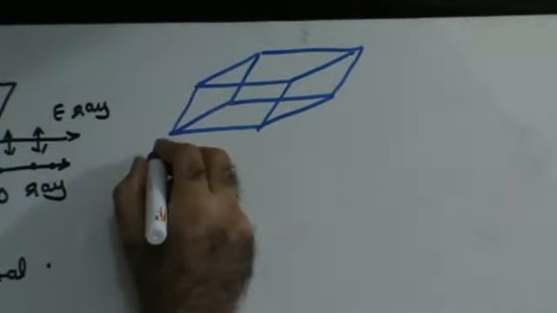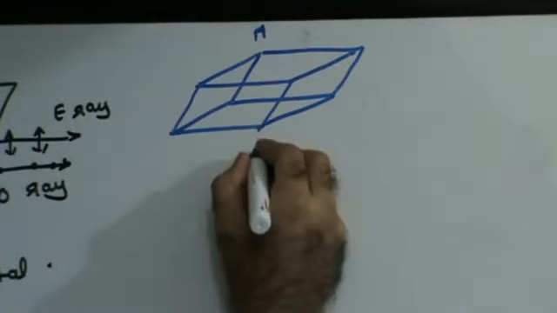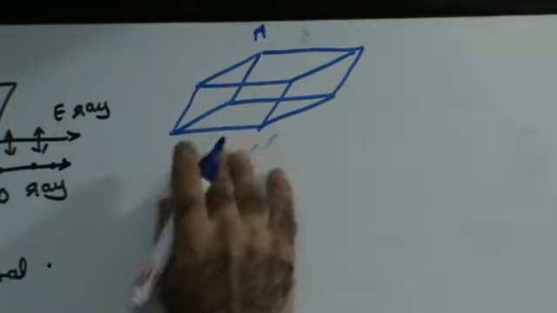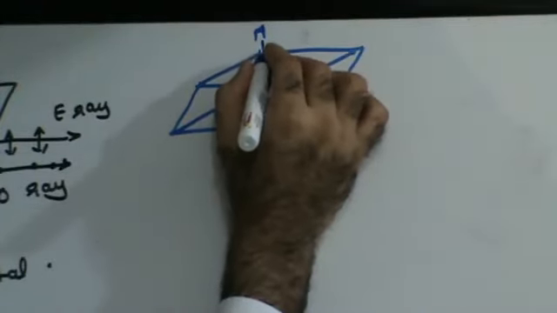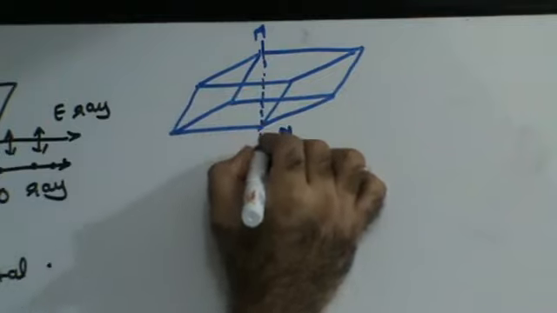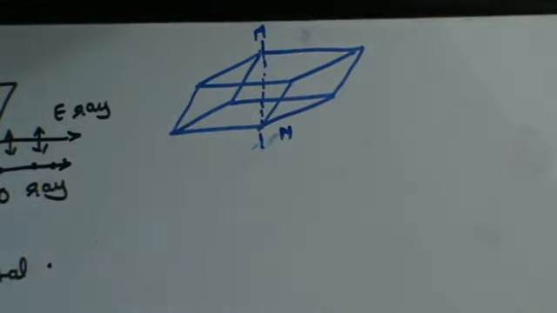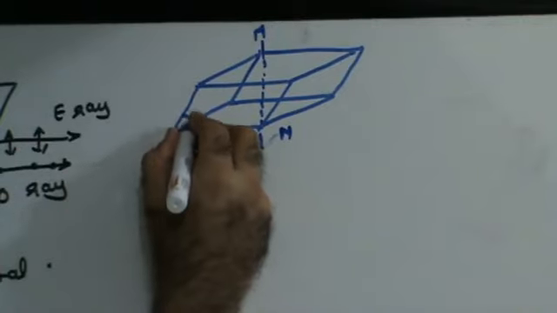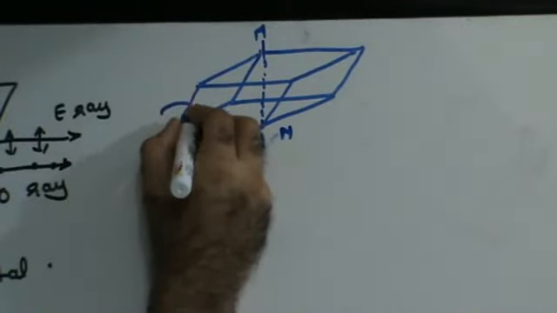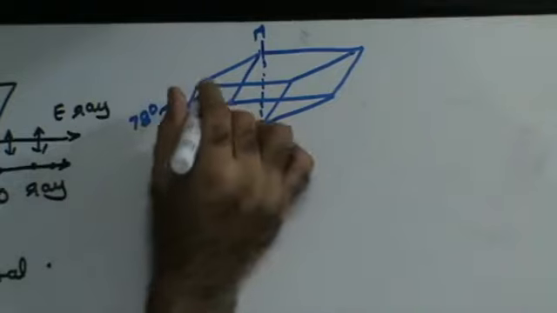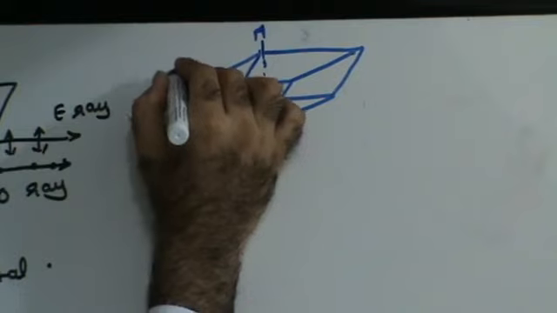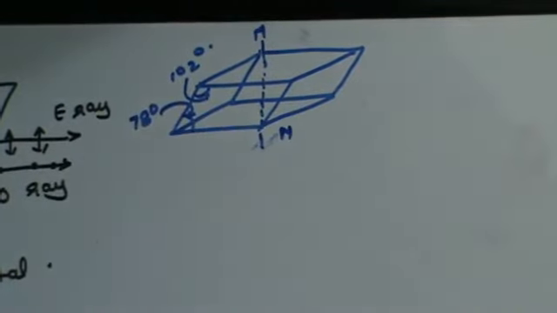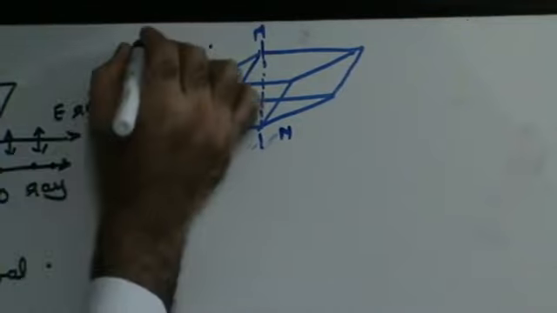Now let's name this point M. Let's call this point N. So this particular axis that is going to pass through points M and N is called your optic axis. Fine. This angle here is going to be 78 degrees. This angle here is going to be 102 degrees. Fine, so that's how your crystal structure is.